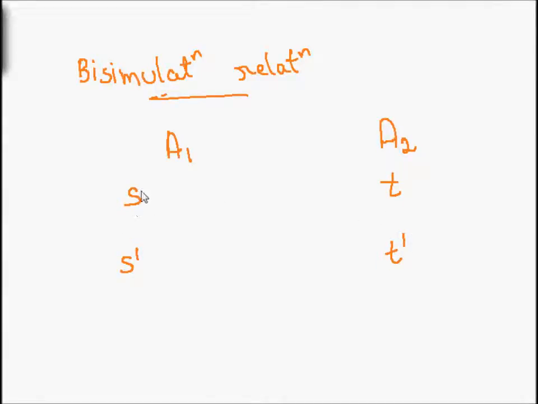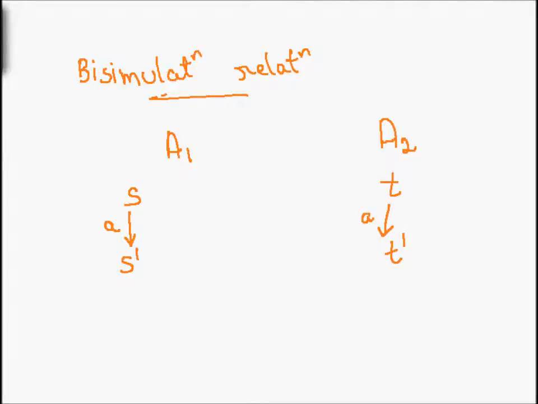For me to tell that S is related to T, that is, there is a bisimulation relation between S and T, I should follow these rules. That is, if there is an action or a transition with an action A from S to S dash, then a similar transition from T to T dash should be there here also.